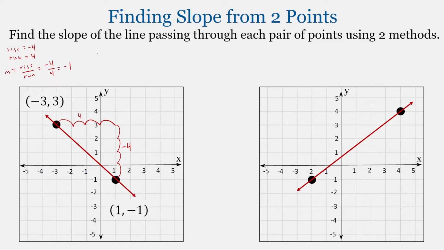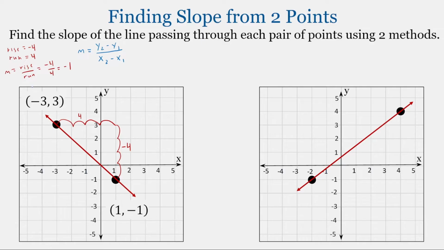Now let's calculate the slope using the formula. So slope m is equal to y sub 2 minus y sub 1 all over x sub 2 minus x sub 1. It does not matter which of these 2 points we label as point 1 or point 2.